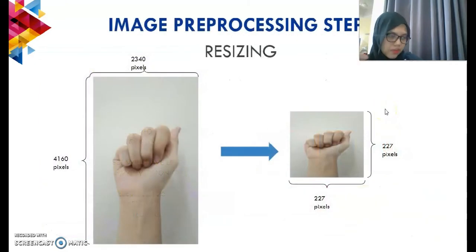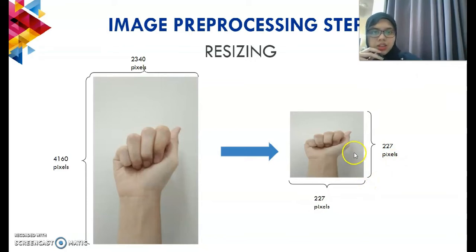Here are the image pre-processing steps. First, I resized the dataset because the pre-trained network that I'll be using is AlexNet, whose input layer only accepts images of 227 by 227 pixels.